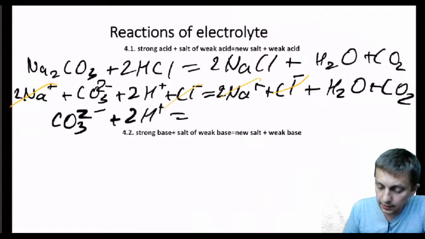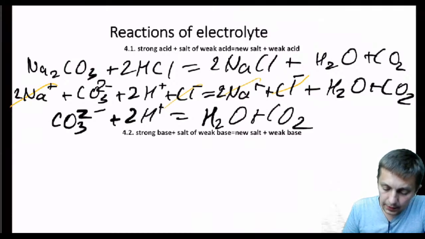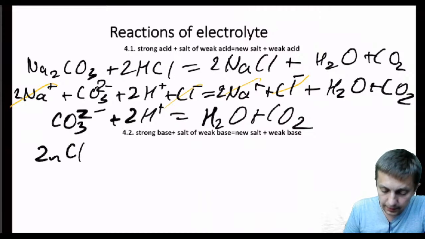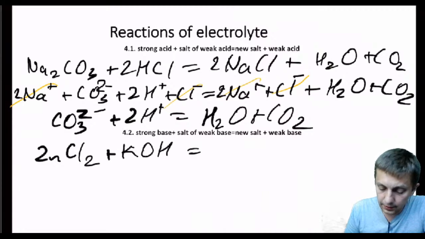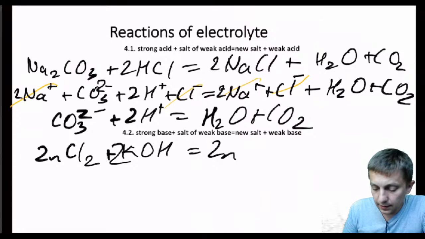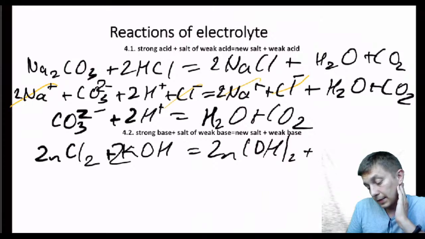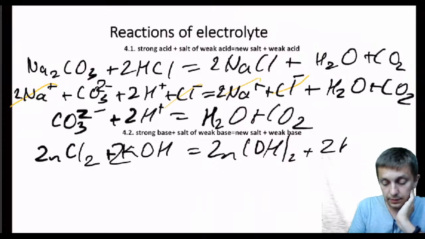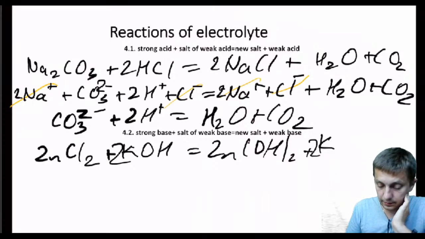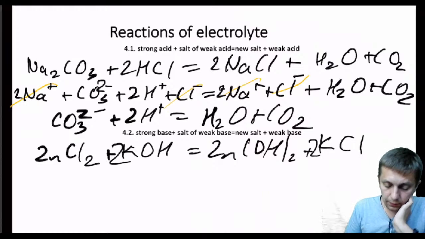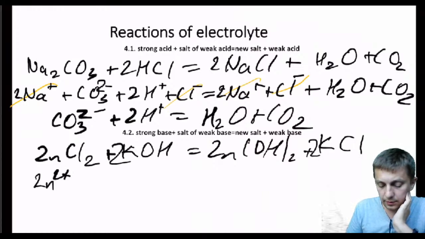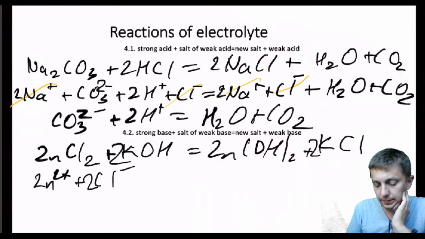And how do we get it with a weak base, for example, zinc chloride plus KOH. Zinc hydroxide is a very, very weak base. In ionic form, we split strong acid, strong base, and soluble salt.